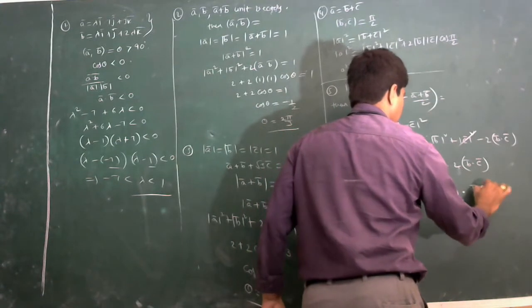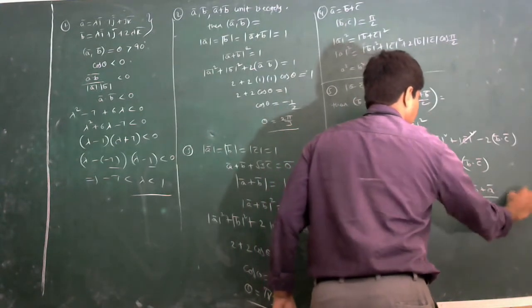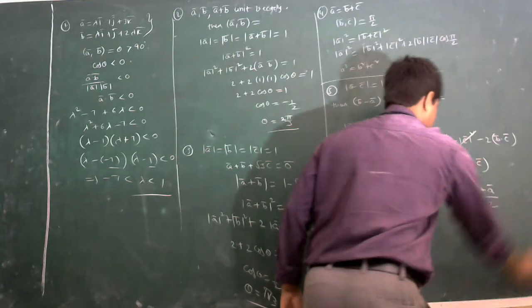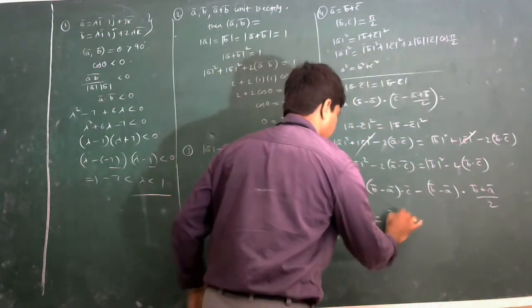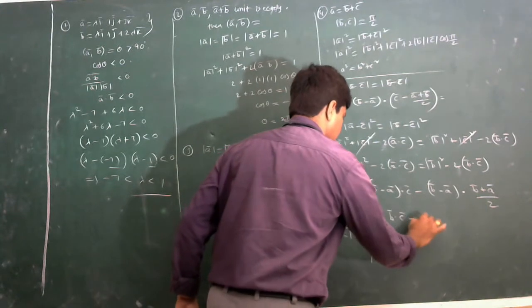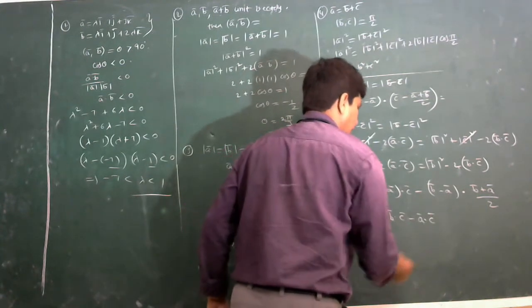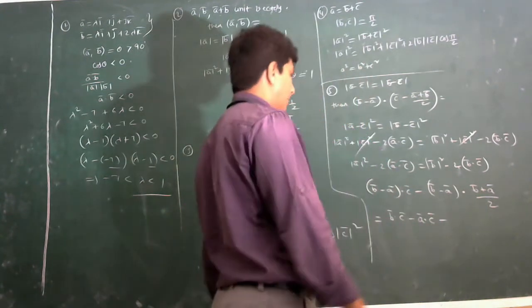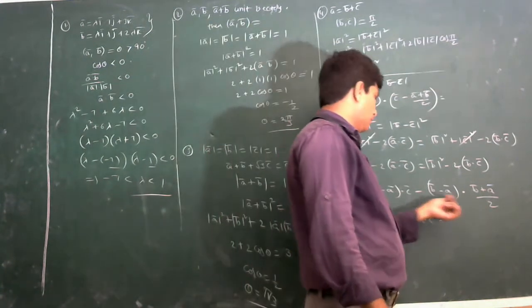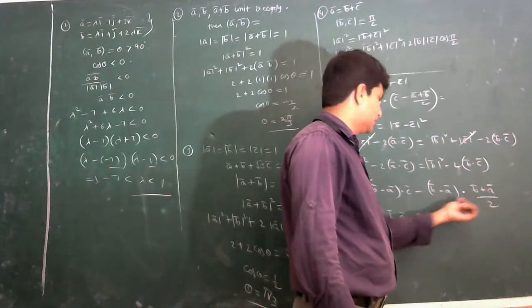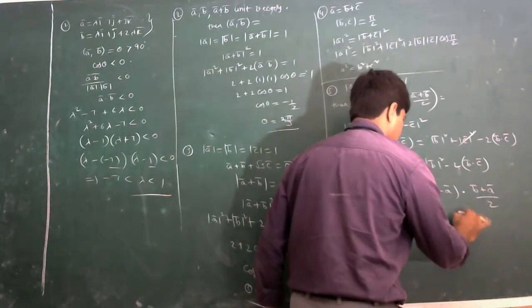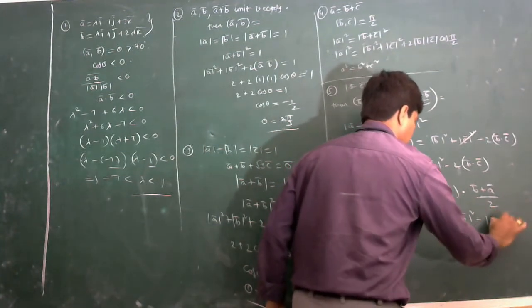Obviously B bar plus A bar by 2, both are same, right? We have to find this value. Now this is B bar dot C bar minus A bar dot C bar. So how can I write this now? If you multiply this dot product, B bar dot B bar is mod B square, B bar dot A bar minus A dot B expansion. So how much will you get here? This is mod B square minus mod A square by 2.